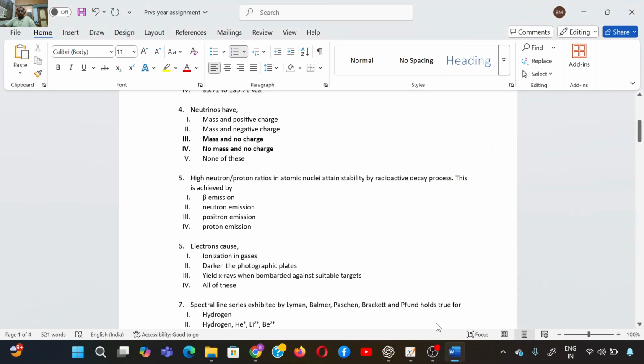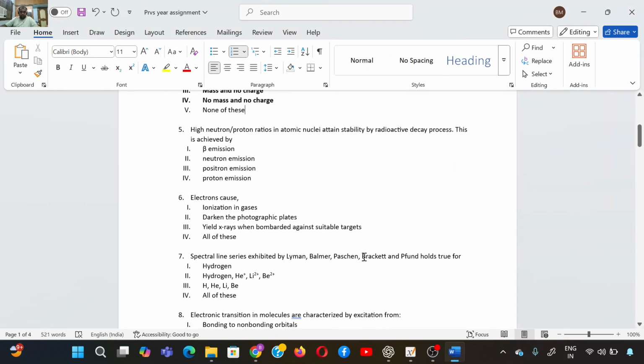So what's the next question? Electrons cause ionization in gases, darken the photographic plates, yield X-rays when bombarded against suitable targets. The correct answer is all of these. Anyway, we'll go to the sixth question then.